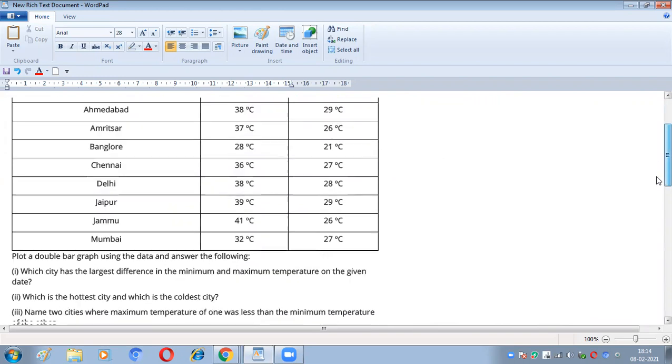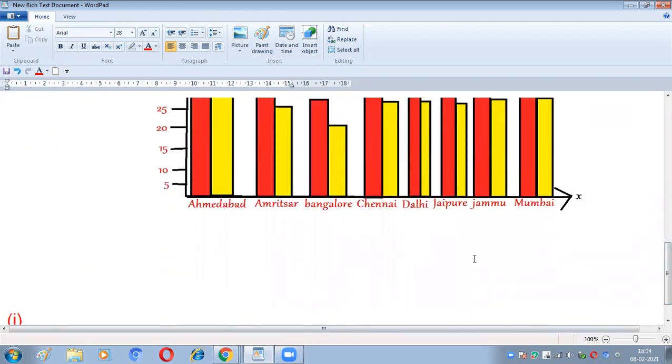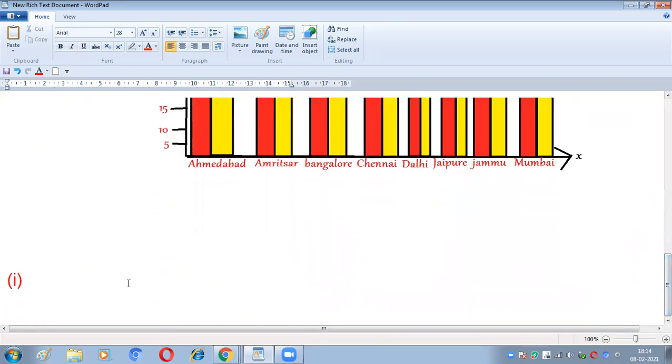First, I will subtract the minimum temperature from the maximum temperature. Now first we'll write the city name, that is Ahmedabad. Then we'll find the difference.